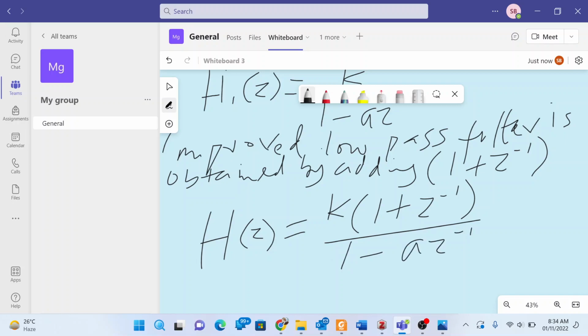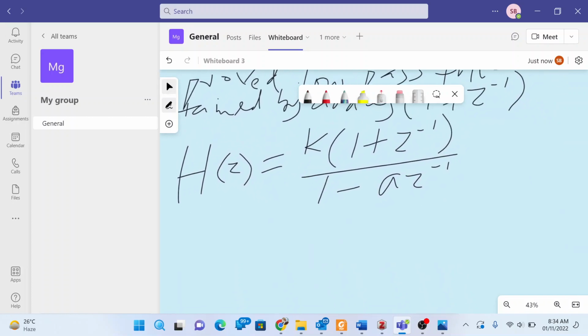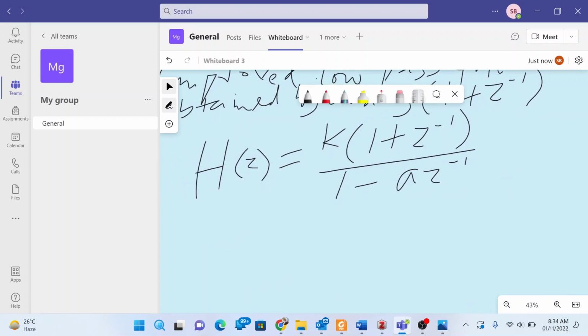So this is the Z transform version, and we are going to convert it to the Fourier transform version. To do that, you just need to let z equal e raised to power j omega.